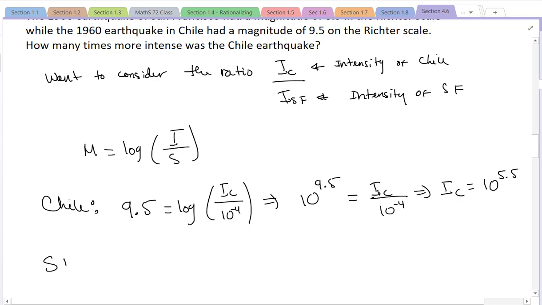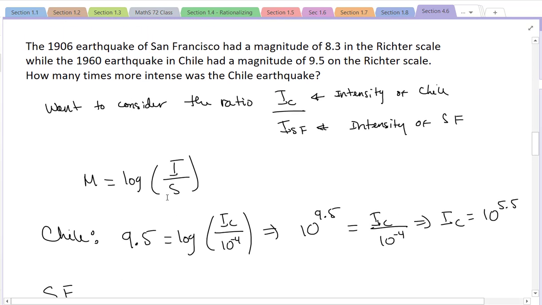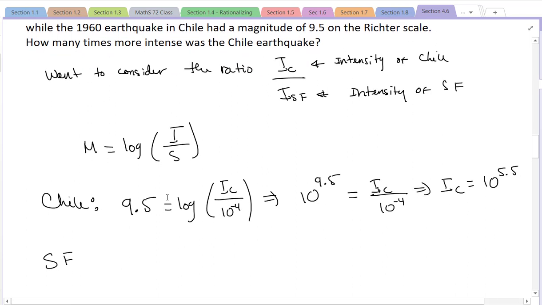And I do the same thing for San Francisco. The magnitude of the San Francisco earthquake was 8.3 on the Richter scale. So I'm going to have 8.3 is equal to the log base 10 of the intensity of San Francisco over 10 to the minus 4. And we do the same thing, change it to an exponential.